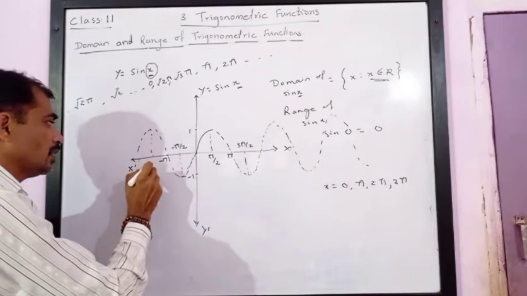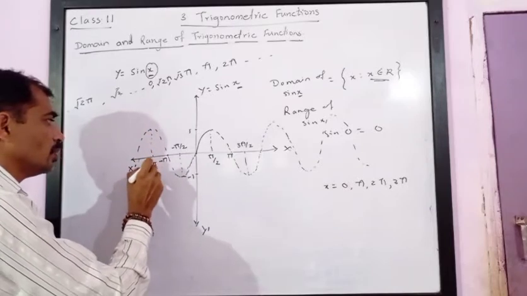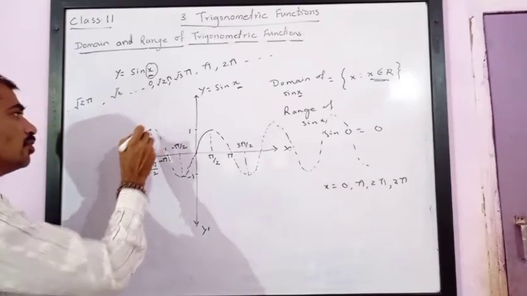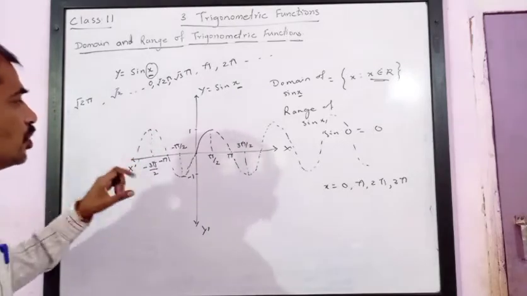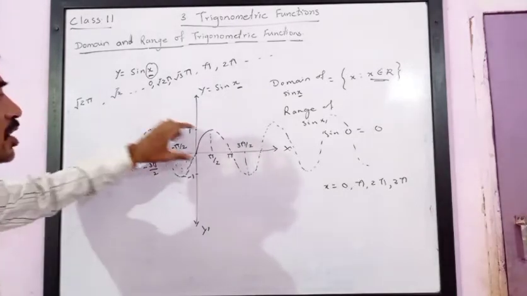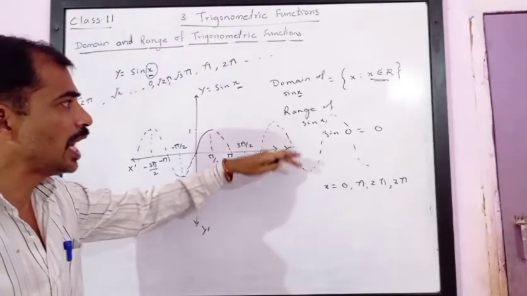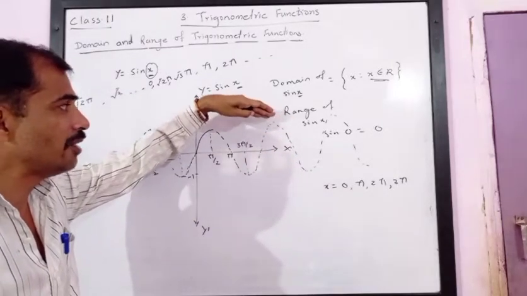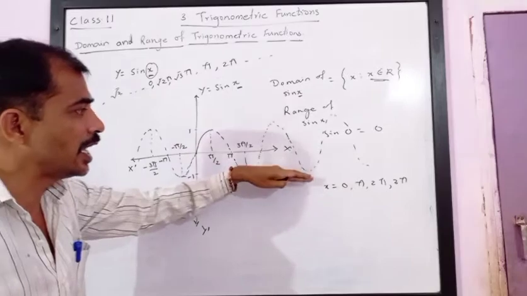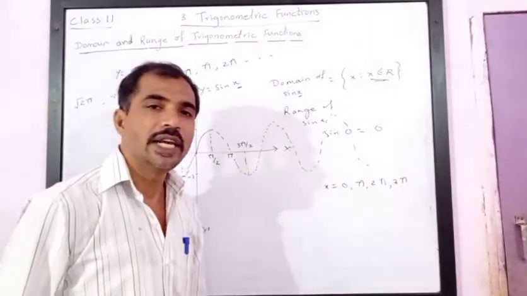For negative 3 pi by 2 we have the value of sin as positive 1. So you will always notice that sin's value varies from positive 1 to negative 1, and it can never be greater than positive 1 and it can never be smaller than negative 1.